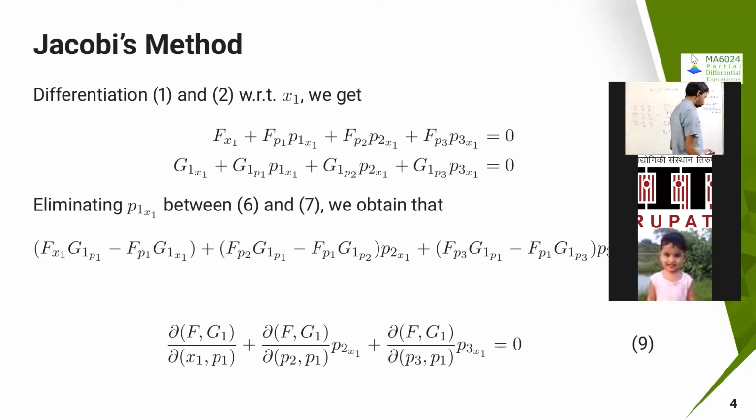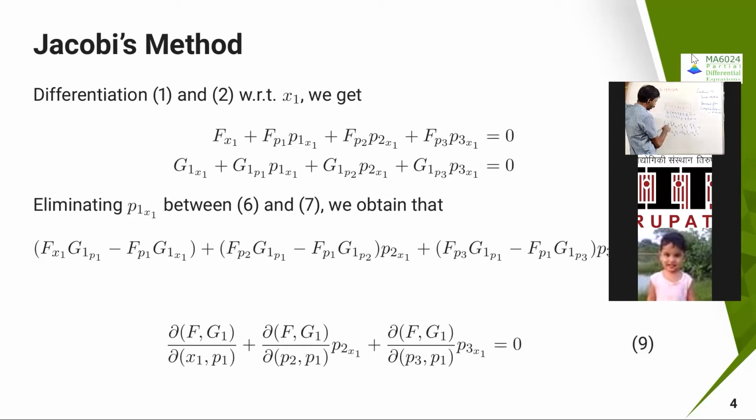So what we got to do is that we are going to eliminate. Let us eliminate p1 x1 from this one. Then I can just write the equation as follows. After elimination, I'm just going to multiply by p1 x1 everywhere, and then I'm just going to subtract that.